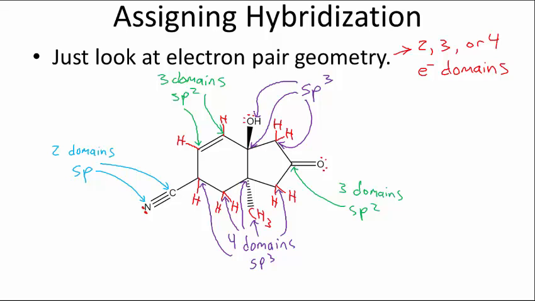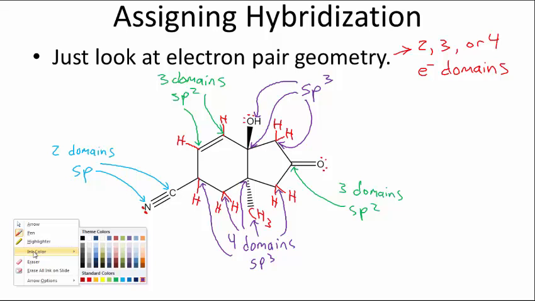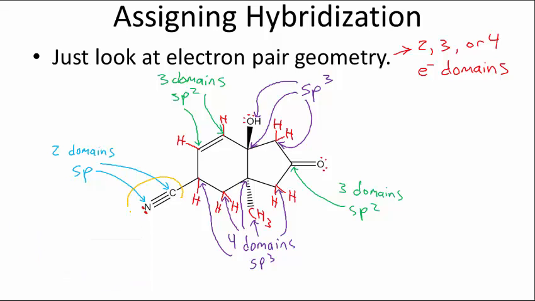Another thing to note, the group that we started with, that CN group, does anyone remember what we call that functional group? That's right, it's a nitrile. But we often abbreviate it as just CN.